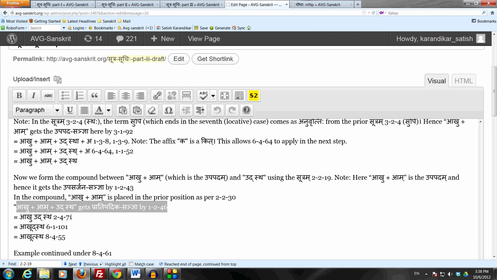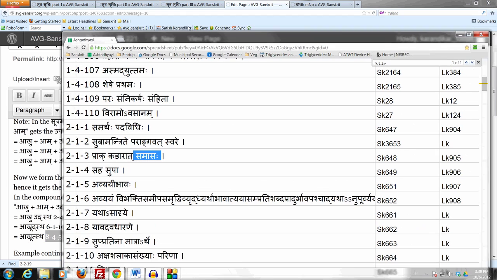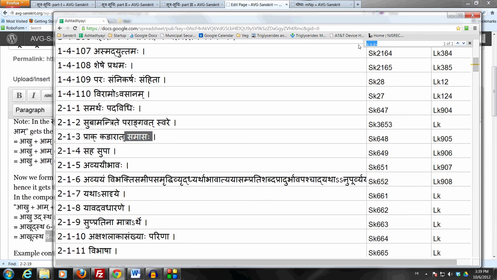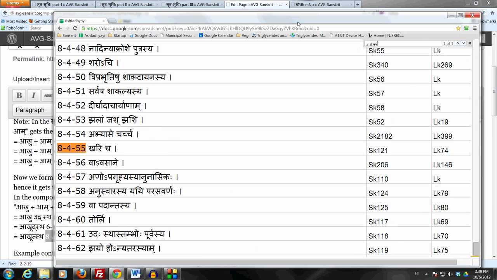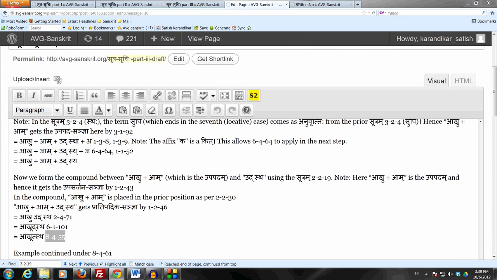What we have so far is akhu ud stha. Now we have to perform the sandhi operations. The first sandhi operation, of course, is akaH savarne dirgha. We get akhud stha. And then kharicha 8455. Because that dakara is followed by a khar letter, which is the sakara, this dakara takes the charadesha, which in this case is takara, and we get akhut stha.